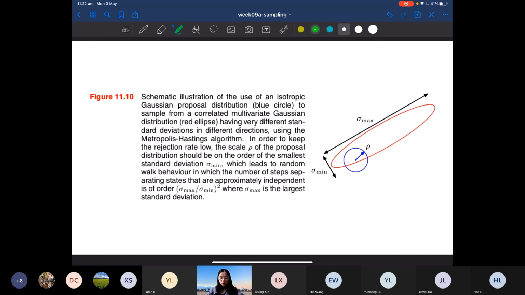One argument that's pretty typical to MCMC, and we don't have time to cover why, is that the number of steps needed to get the next independent sample is of order the square of sigma max over sigma min, where sigma max is the larger standard deviation. So if we're sampling a very elongated Gaussian, it's harder, right?